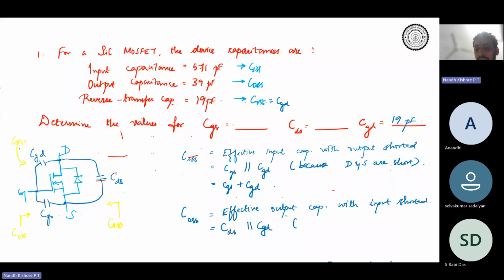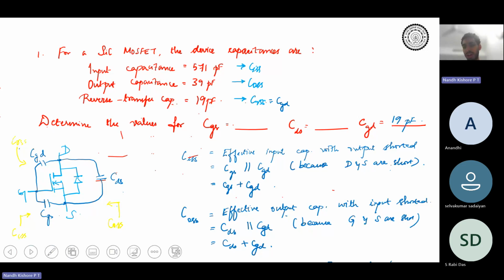Why? Input shorted means gate and source are shorted, so this is basically CDS plus CGD.